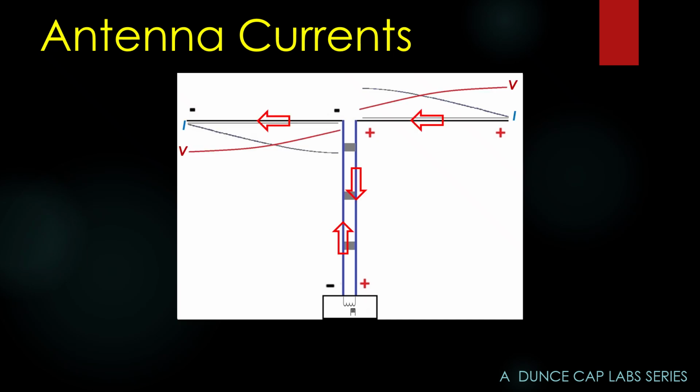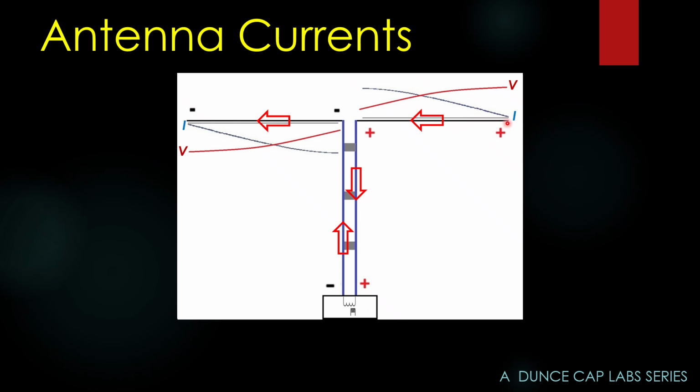Now, don't let it bother you that we've got current flowing in antenna wires that are not a complete circuit. Like if that was a loop antenna, it would make sense that current could flow. How can current flow when there's no complete circuit? That's the subject of yet another video I want to do. But for right now, just keep in mind that at RF frequencies, due to charge acceleration, the only thing I need to make current flow into here and out here is enough conducting surface to make the current happen.